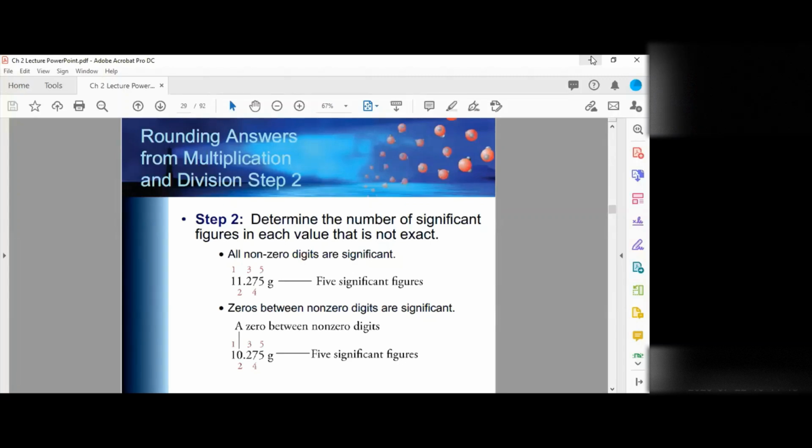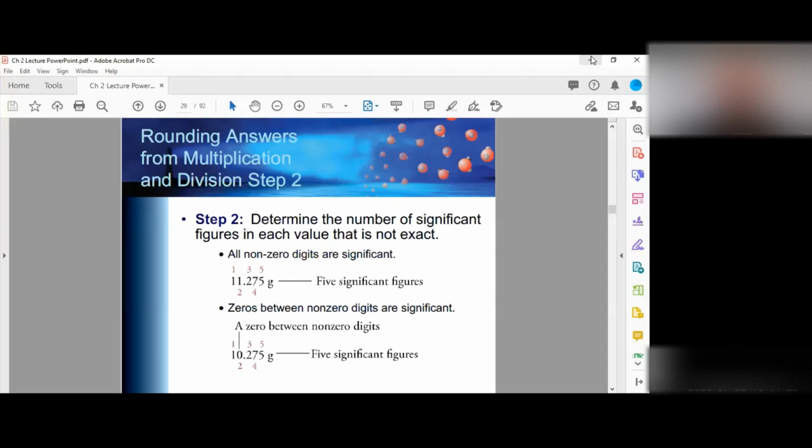So the rules are highlighted, some of them here in slide number 29, chapter 2, where it says all non-zero digits are significant. So that's why you see here that in 11275, there are 5 digits, all of them non-zero digits, so that's why there are 5 sig figs. The next rule, zeros between non-zero digits are significant.